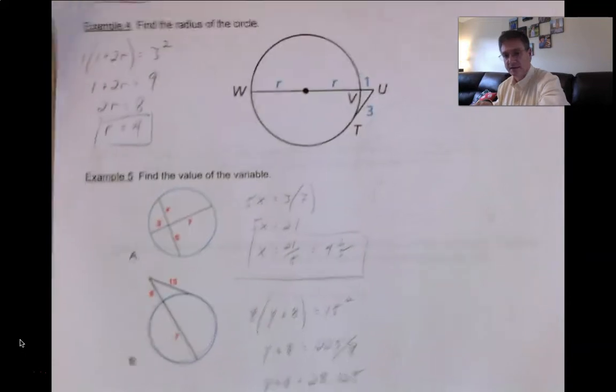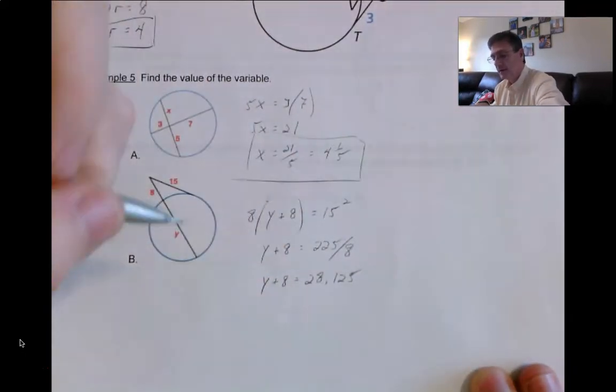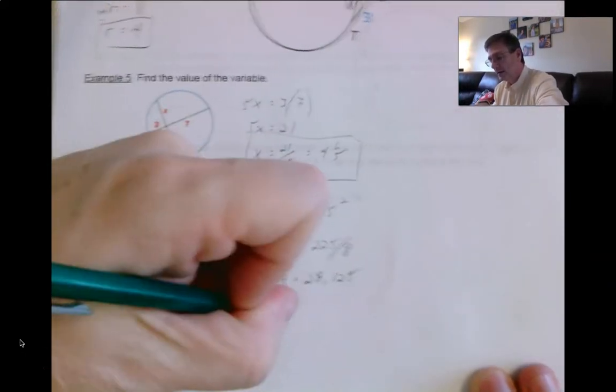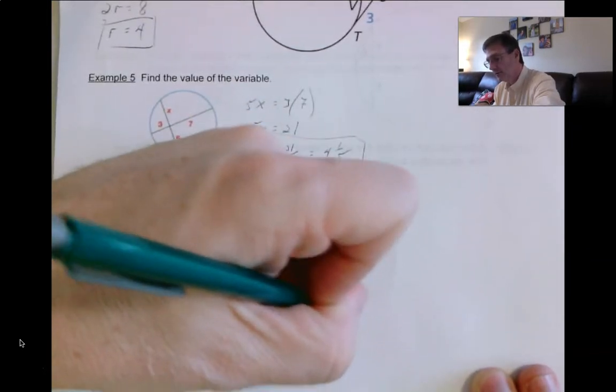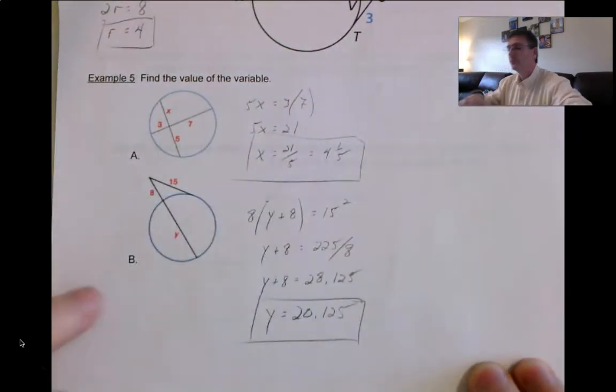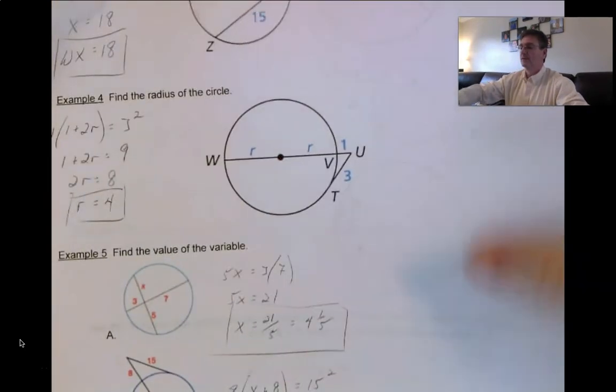Subtract 8 from both sides, and y equals 20.125. That's example 5.